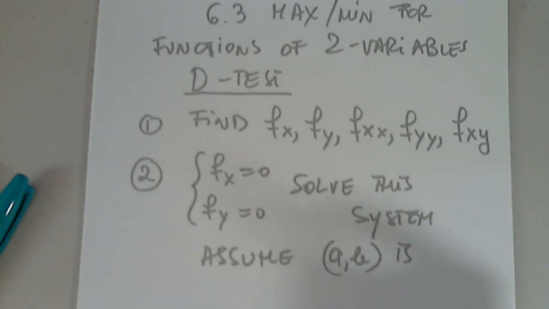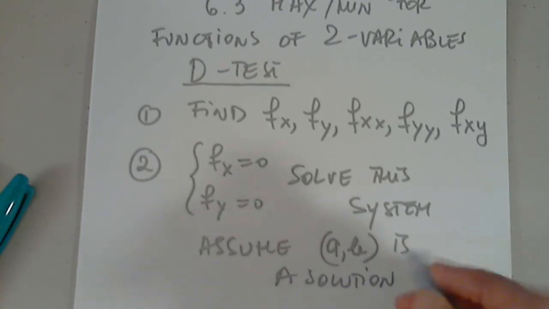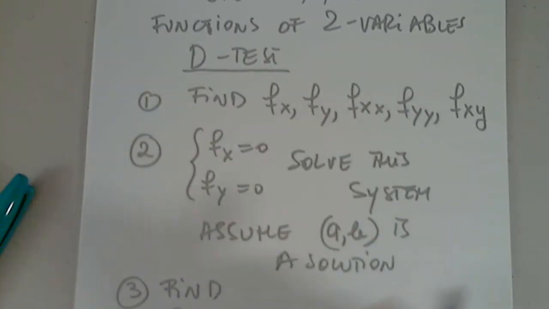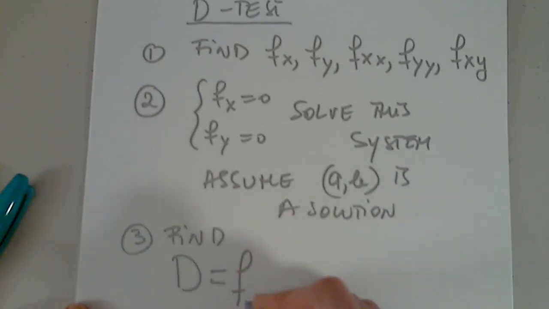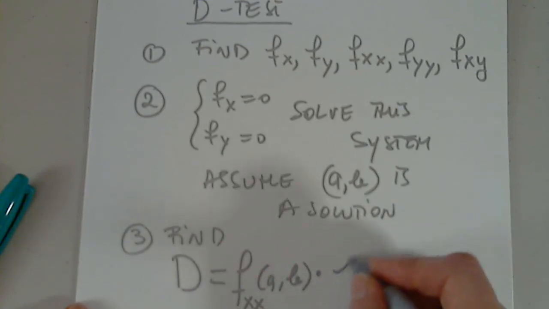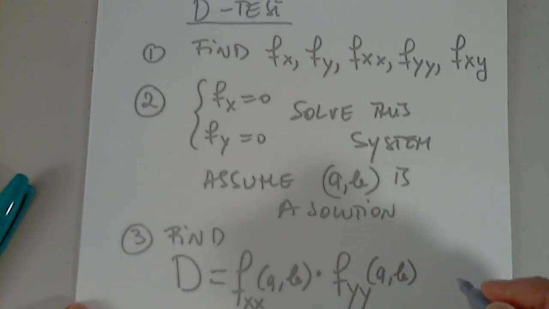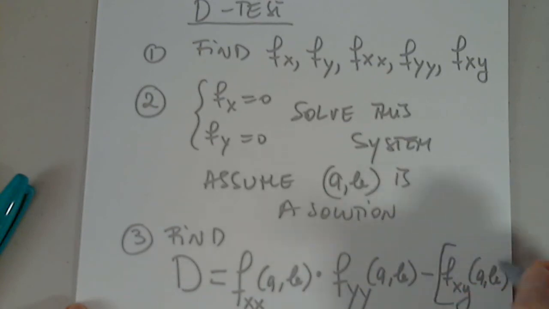It can have more than one solution. In step number 3, that's why it's called the D-test, find D. D equals fxx evaluated at a comma b multiplied by fyy evaluated at a comma b, minus fxy evaluated at a comma b, squared.